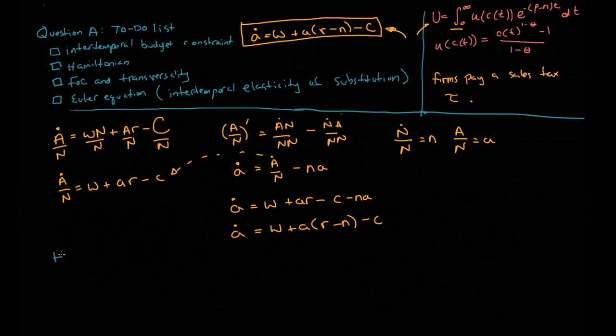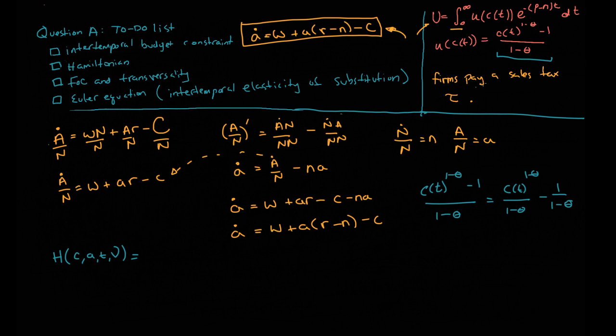We're going to have the Hamiltonian for consumption, assets, time, and nu is equal to, I'm going to split this fraction actually to make it a little bit easier to see, because c_t to the 1 minus theta minus 1 over 1 minus theta is the same thing as c_t to the 1 minus theta over 1 minus theta minus 1 over 1 minus theta, right?